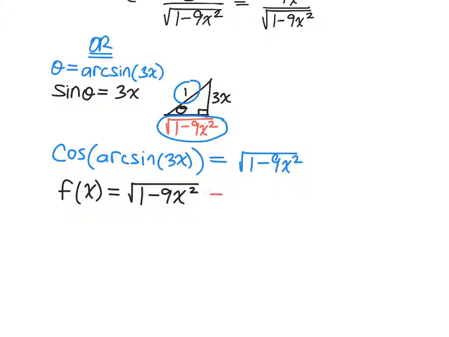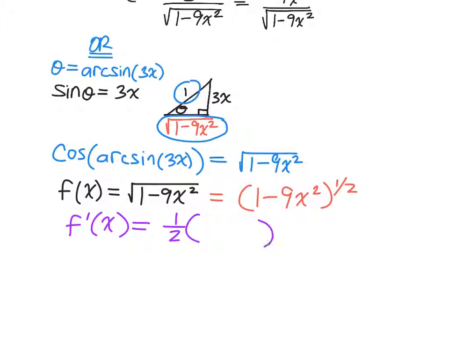The square root of 1 minus 9x squared is the same as 1 minus 9x squared to the 1/2 power. So when I'm looking for the first derivative, chain rule, 1/2, the inner function to the negative 1/2, 1 minus 9x squared, multiplied by the derivative of the inner function, negative 18x.